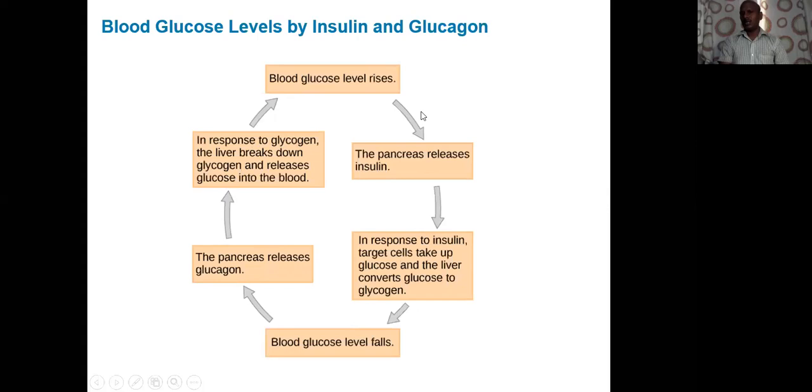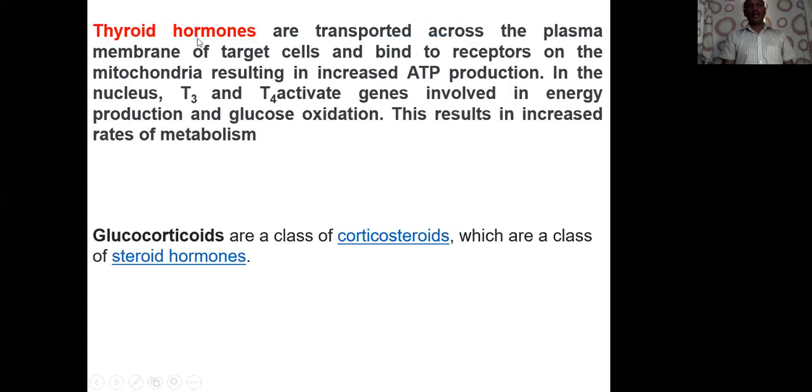One reduces plasma glucose levels, and the other increases plasma glucose levels. Another hormone, thyroid hormone, also acts on each and every cell, and it has various functions.